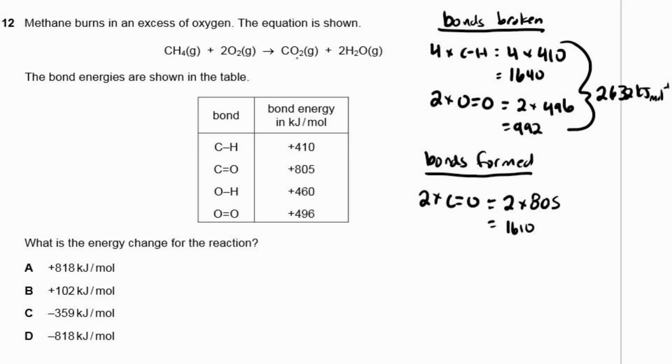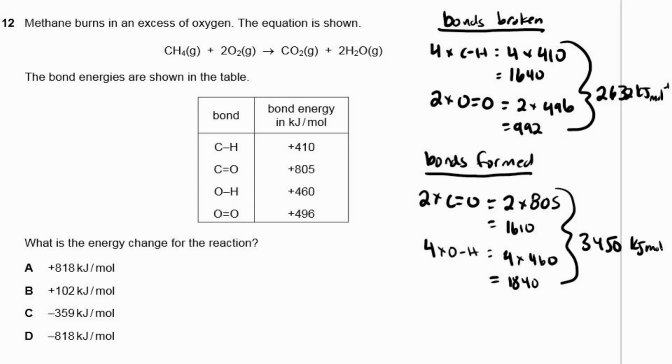And we also have 4 OH bonds. 4 times OH, because we have 2 water molecules formed. So the 4 times OH, that's 4 times 460, which equals 1840 kilojoules per mole. Add 1610 plus 1840, and we have 3450 kilojoules per mole of energy formed.